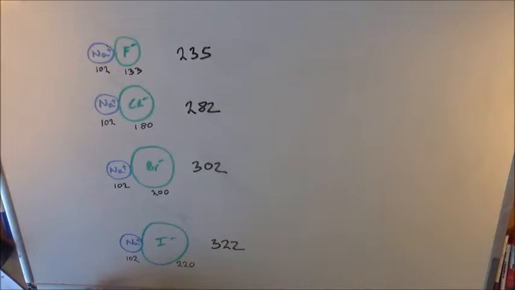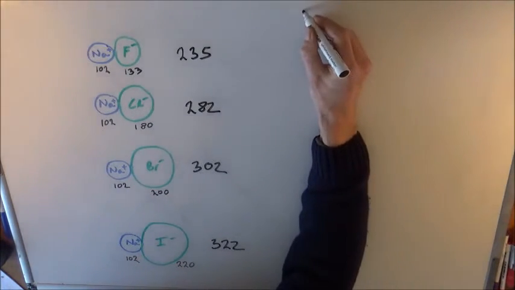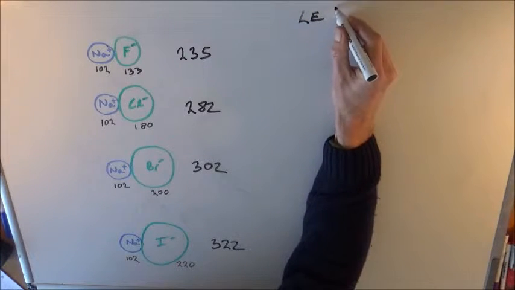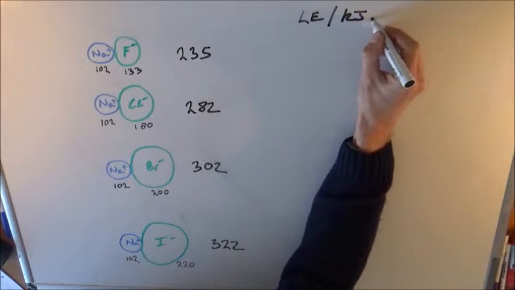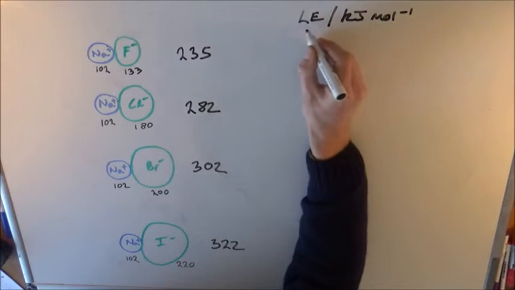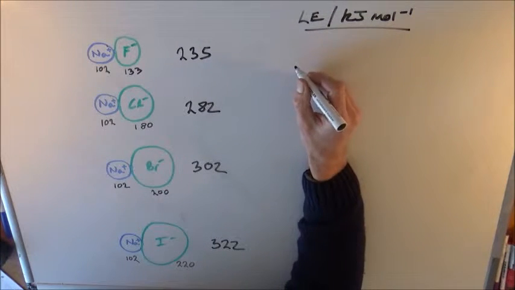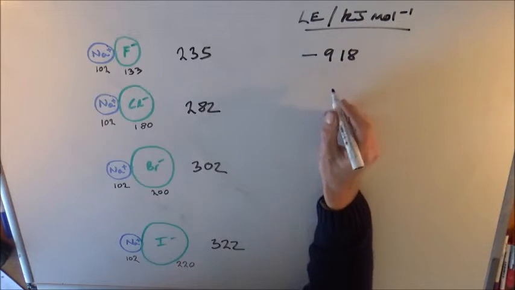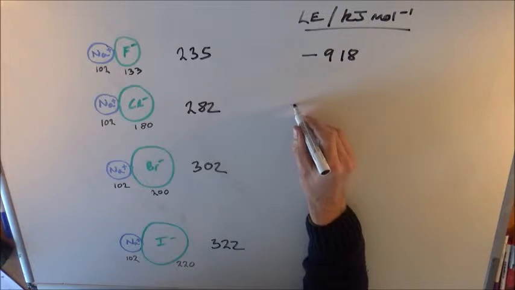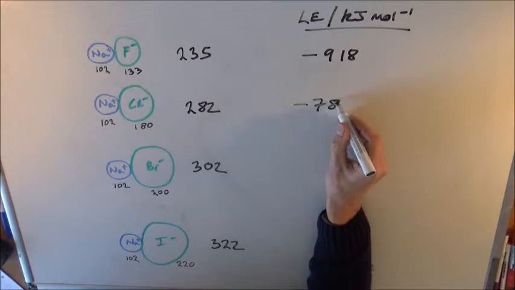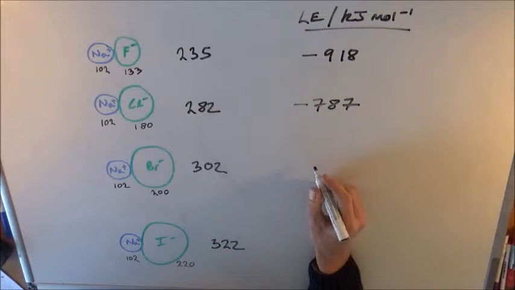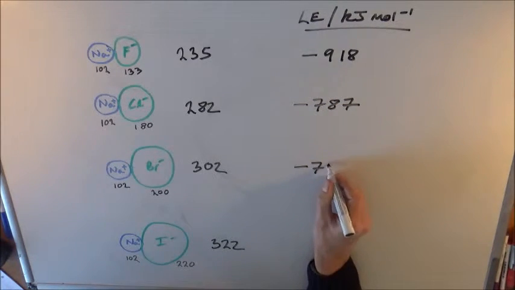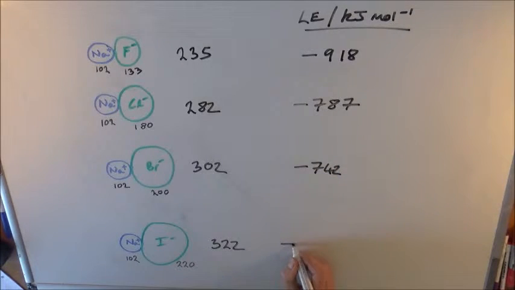And if I look at the lattice enthalpy values, the lattice enthalpies in kilojoules per mole, we find that for sodium fluoride it's minus 918. We go to sodium chloride, it's minus 787, and then sodium bromide, it's minus 742, and then for the iodide it's minus 705.